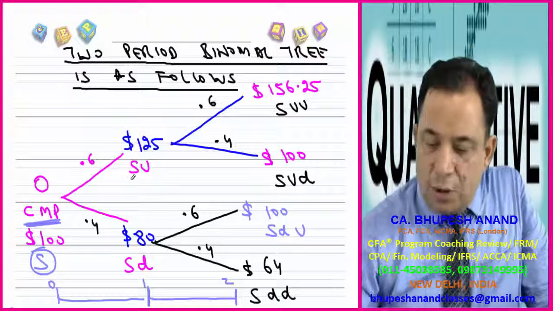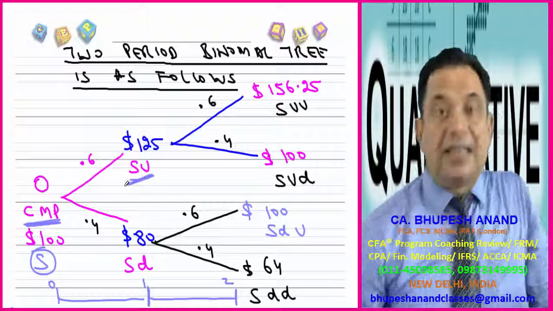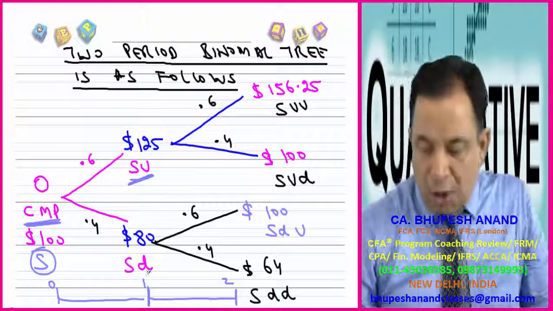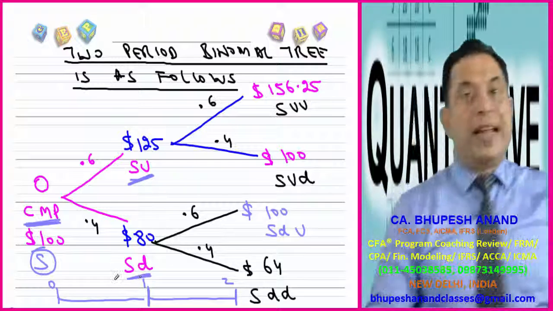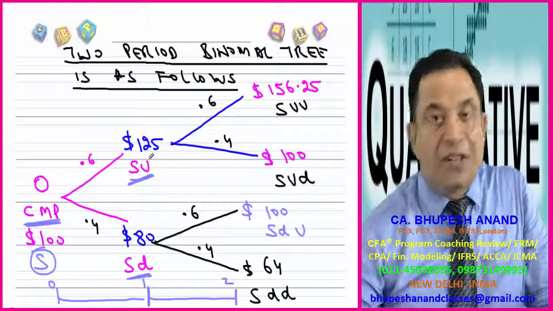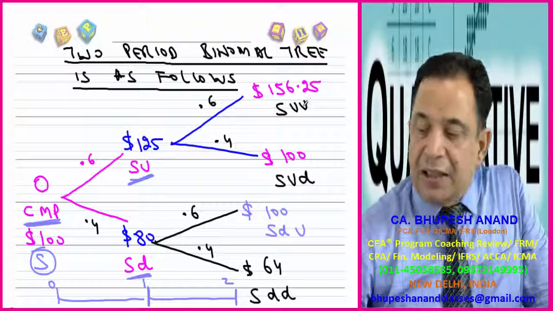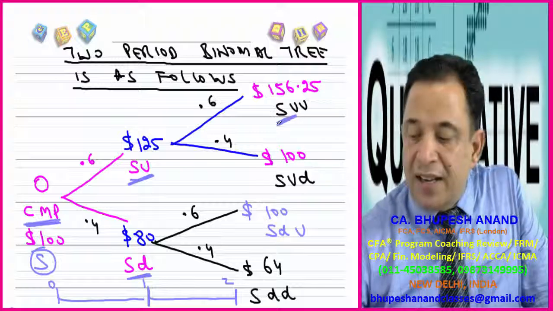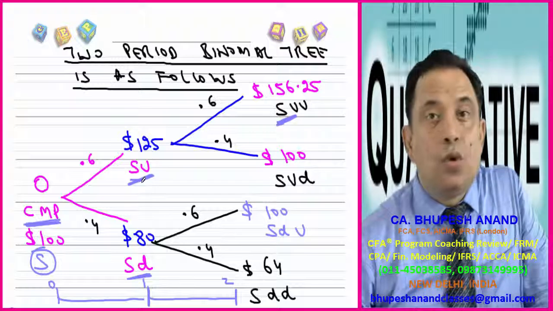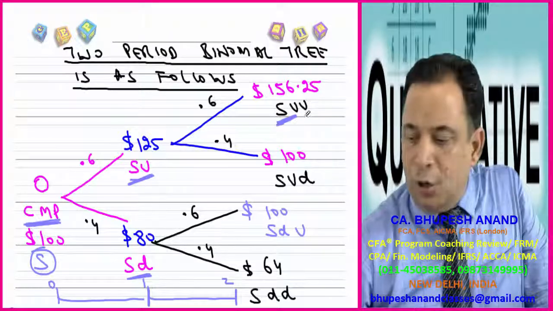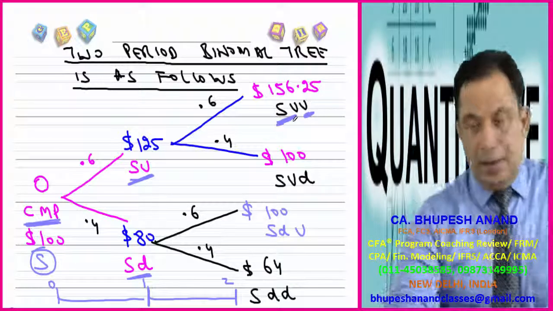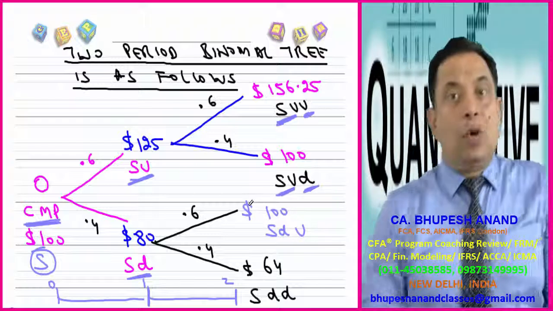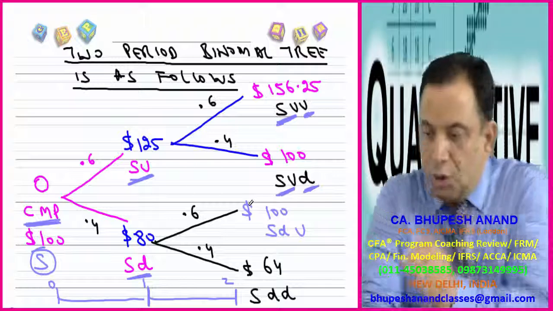So first I have calculated S into U, that is spot price at T0 into the uptick factor, and spot price at T0 into the downtick factor. If this is possible in the first period, then in the second period again the price can increase or decrease. If it increases, then SU into U for the second period uptick, or SU into D for the second period downtick. So I have done it for you.